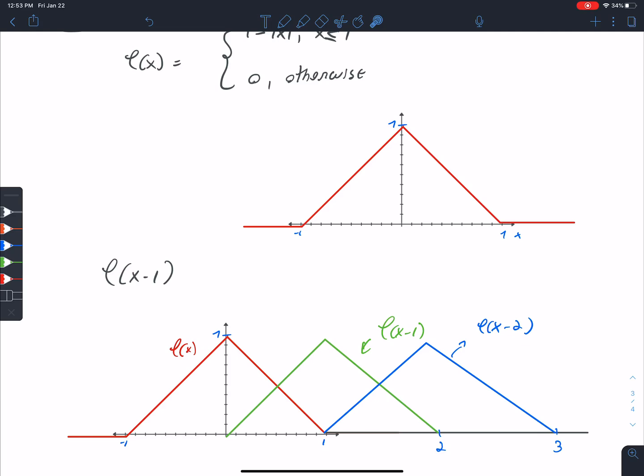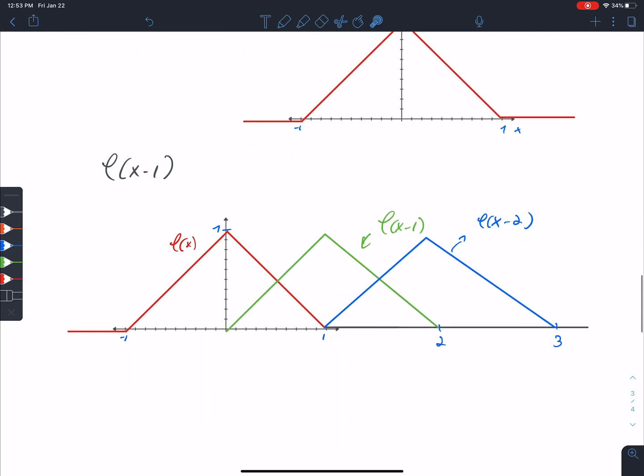In any case, we can write many of these functions, and then we can ask, what does the sum of them look like? For example, if I sum 1 times these functions, phi of x minus p, from p equals, let's say, 0 up to 2, that means we're summing this red function with this green function and this blue function.